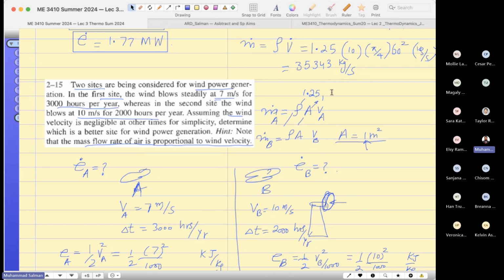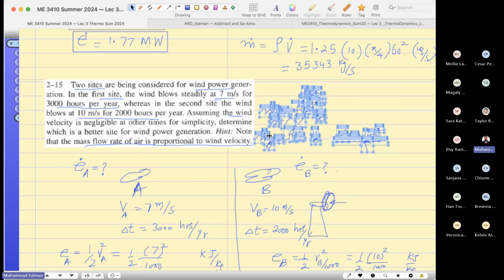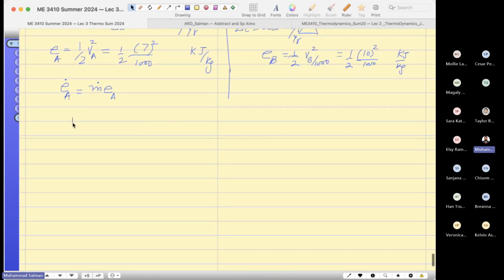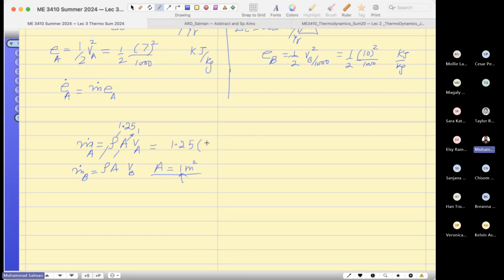So let's use this proportionality to find the mass flow rate, and then apply it into our formula to find the power generation potential. Mass flow rate is 1.25 times 7, and here 1.25 times 10. This is in kilograms per second, equal to 12.5 kilograms per second.